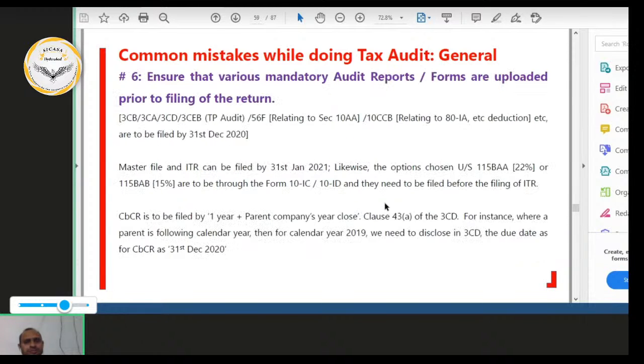Okay. Then next one is to ensure that various mandatory audit reports or forms are uploaded prior to filing of the return.